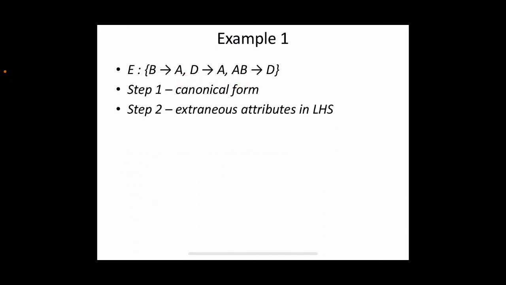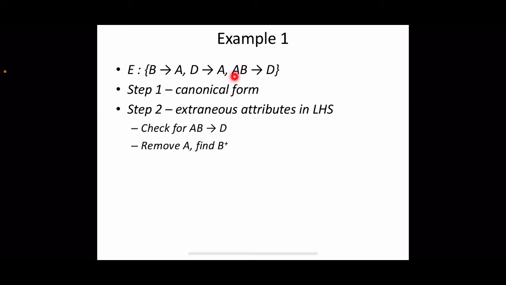Step 2, extraneous attributes. We have to check for extraneous attributes in the left hand side. Yeah, we have some dependency in which we have one candidate here, right? So we can find whether some extraneous attribute is there. Okay, suppose A is extraneous in this dependency. We have to check whether A is extraneous.